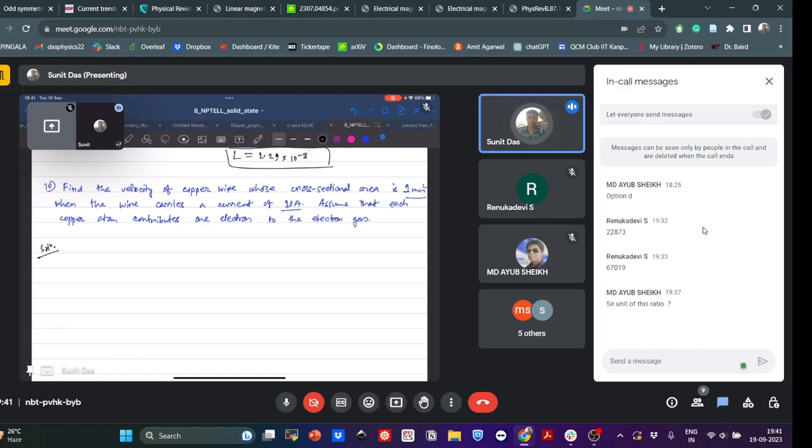Also the density of electrons, or the carrier concentration, is given as n equal to, in SI unit, per meter cube basically. So find the drift velocity.